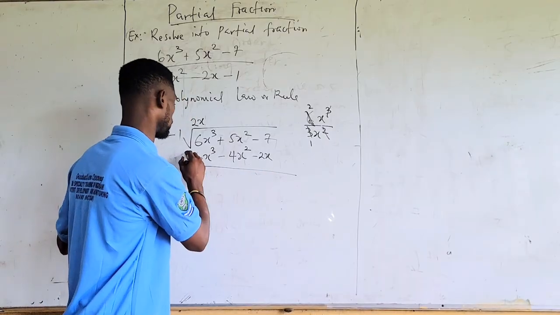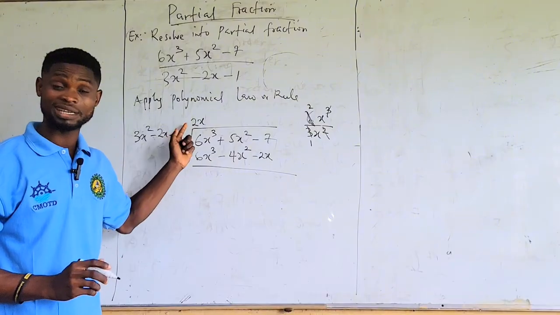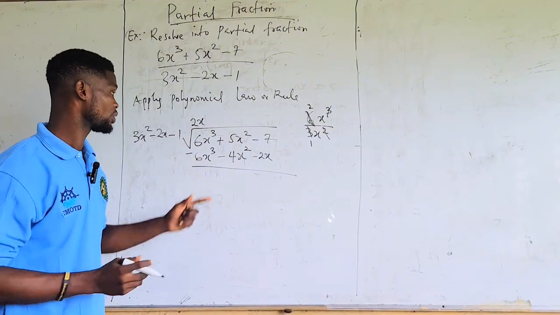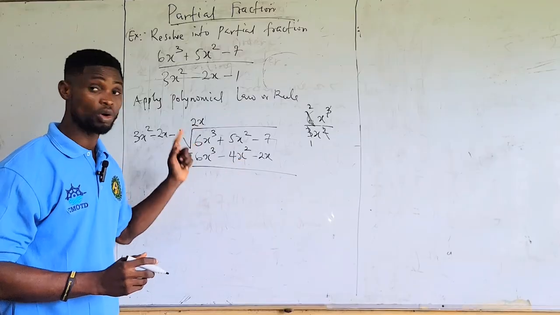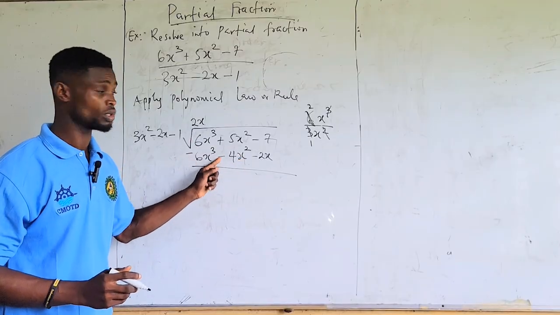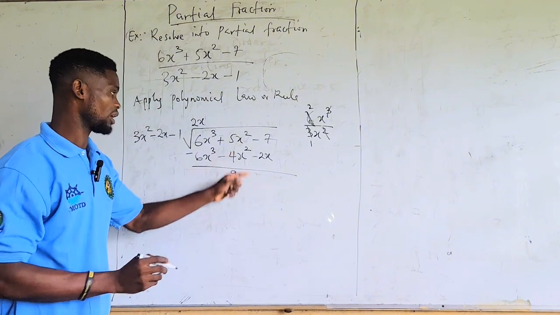So you subtract: 6x cubed minus 6x cubed will automatically give you 0. We have 5x square minus minus 4x square, minus times minus is plus, 5 plus 4 will give you 9, and we have 9x square.